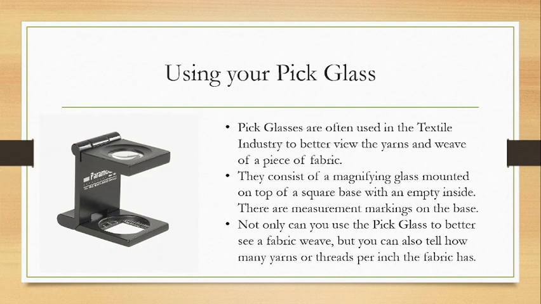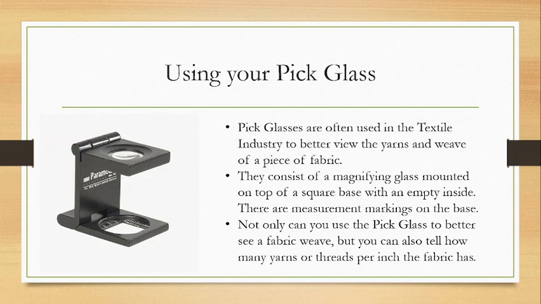It'll let you see fabric in a new way and understand what they look like a little bit better. It'll also help you identify the different types of fabric and understand their characteristics. Pick glasses are often used in the textile industry to better view the yarns and weave of a piece of fabric.